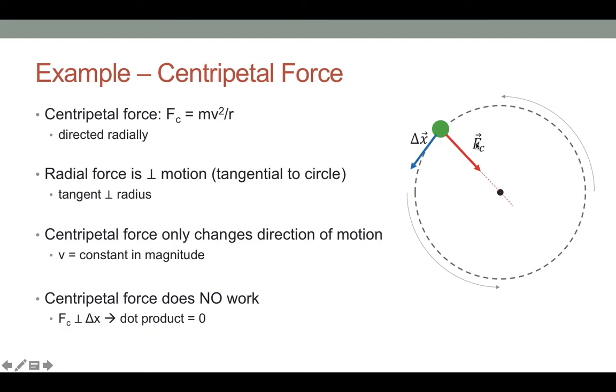So that means the centripetal force is perpendicular to the motion. It only changes the direction of motion. It does not change the energy. The velocity stays constant in magnitude. This means the centripetal force does no work because it is perpendicular to the motion, and the dot product is zero. Centripetal forces do not do work.